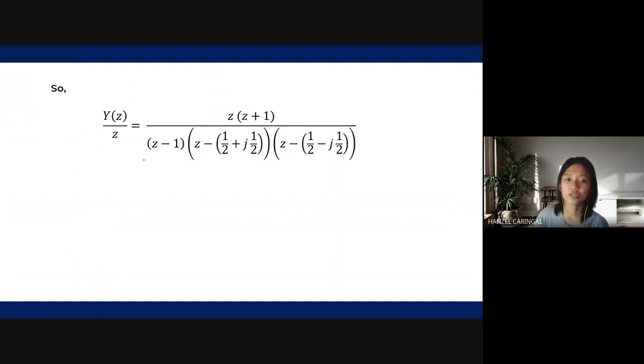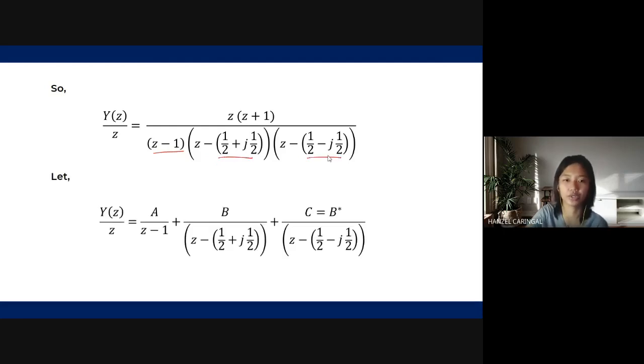Next, we write the equation: Y of z over z is equal to the numerator over z minus 1, our first pole, then our second pole, and our third pole. These are the factors of the denominator.